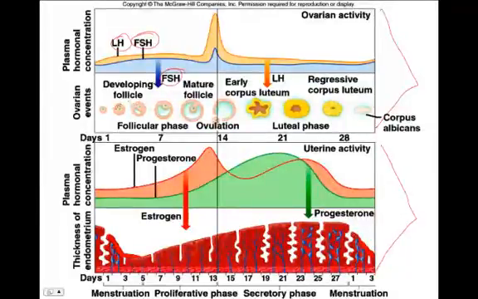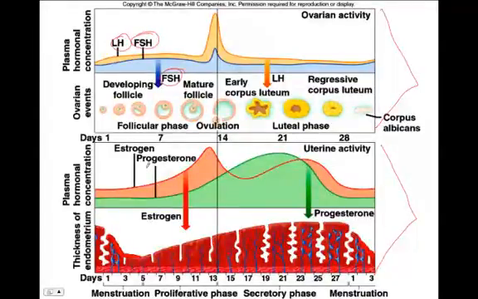So it's going to stimulate these primordial follicles to develop into primary, secondary, and then mature follicles. It'll encourage those follicle cells to undergo cell division so they produce more of them, and it'll also encourage the production of this fluid-filled cavity that will eventually become the antrum.